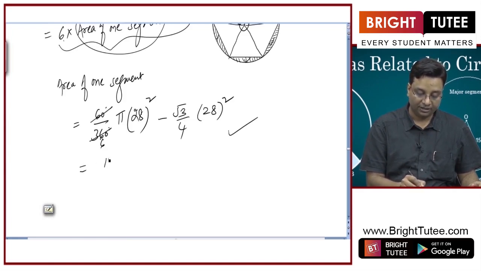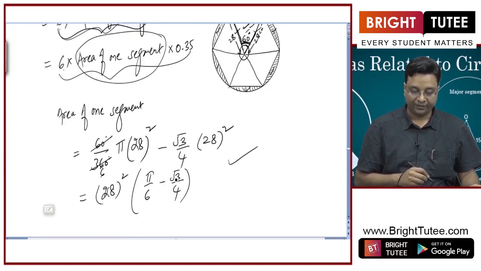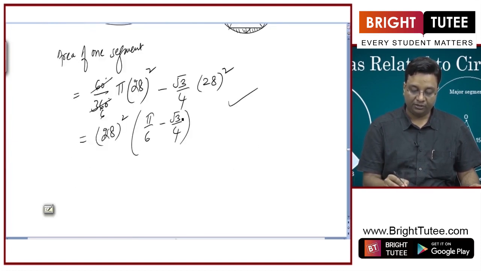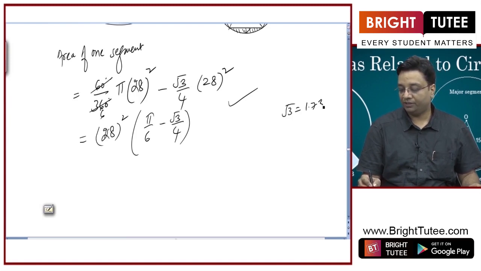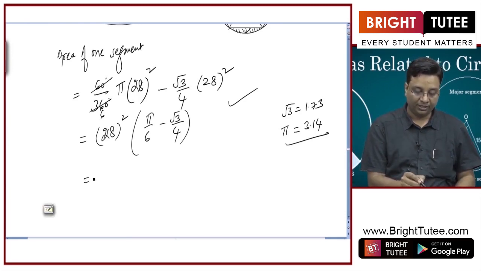This is 6. So if I take 28 square common, pi by 6 minus root 3 by 4 will be inside, right? Now you need to fill the values of root 3. Let us say root 3 is equal to 1.73, and let us take pi as 3.14. You need to take the values as per the instructions given in the question.